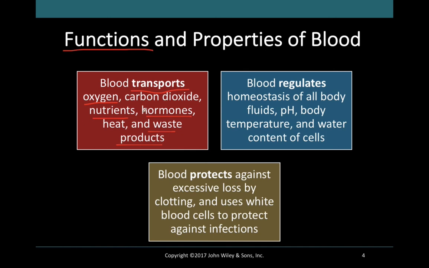This is going to play a major role in getting nutrients to our respective tissues. As we just spent several videos covering the endocrine system, we'll see that blood is also a major player in transporting hormones throughout the body. So once all of these different types of chemicals make their way into the blood, they're going to be able to get pumped by the heart in the blood all the way throughout the body.